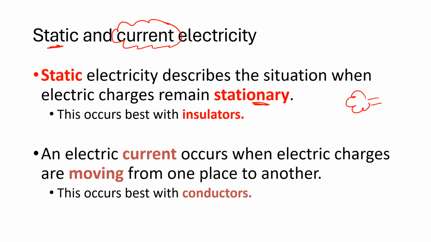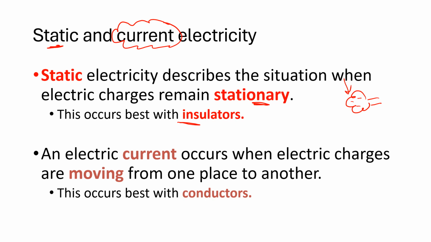This doorknob accumulates some charges on it, and then when you touch it, you get this electric shock. But those charges remain stationary; they don't move. And this situation usually happens when we have insulators. Insulators can accumulate a charge, but the charge cannot move through that insulator.